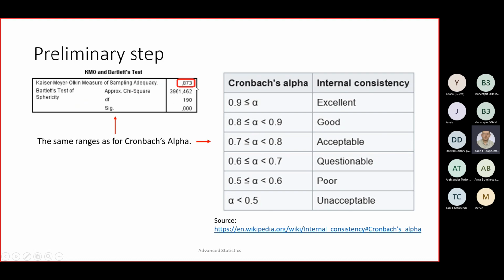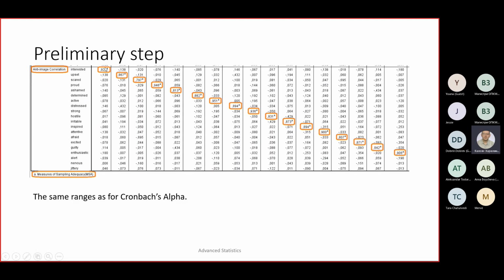This Kaiser-Meyer-Olkin measure is for all items altogether, and these measures of sampling adequacy are for each item separately. But the rule is the same.